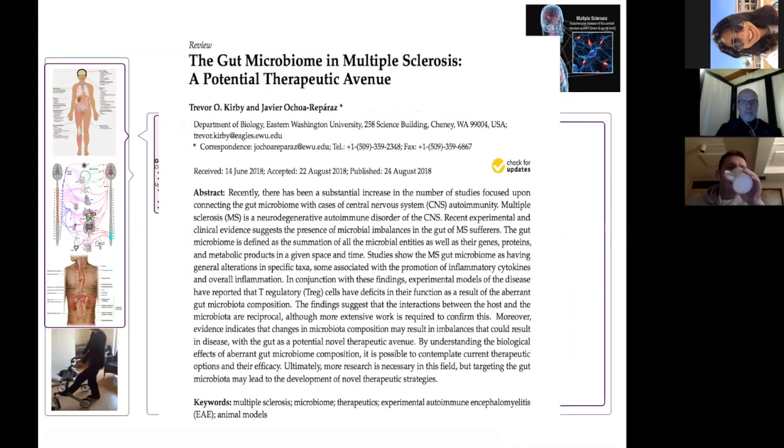Here we go. So, a substantial increase in the number of studies focused upon gut microbiome activity, autoimmunity, etc. We're getting this scenario where the gut microbiome is defined as the summation of microbiome entities having an effect on gene structure, protein functionality, etc., and facilitating a pro-inflammatory cytokine response and inflammation.